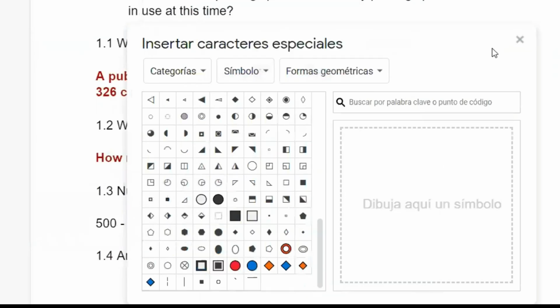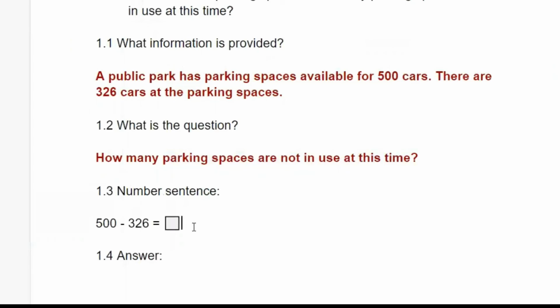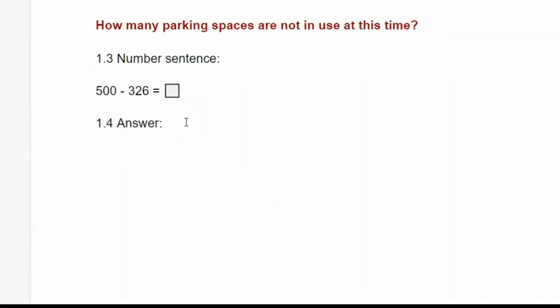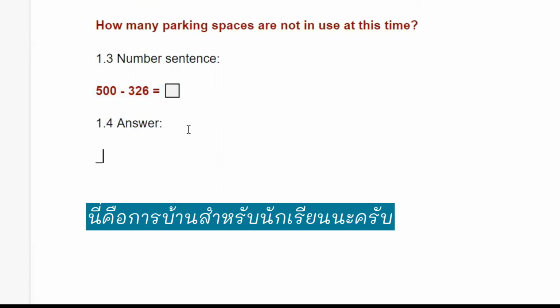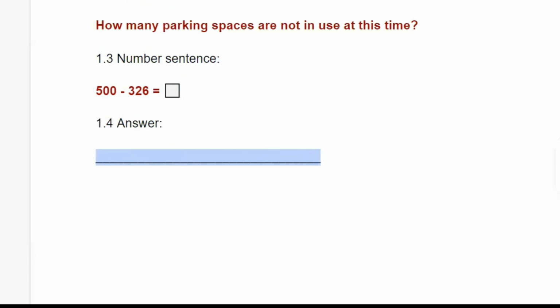Square. Okay, like this, square. And then the answer, you have to fill in your book, okay? And then the answer, I'm not telling you, okay? This is homework for you. All this.